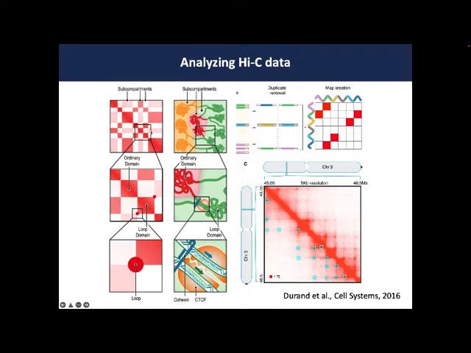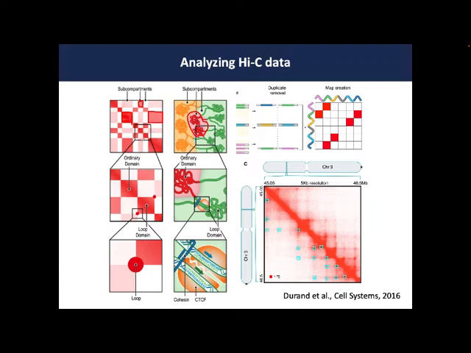If we find squares around here, this means the subcompartments interact together. The regions inside this subcompartment are located like this, so they interact frequently because they are structurally located closely, right? So these are the meaning of these squares, the subcompartments, where chromosomes are located together in a very similar area.